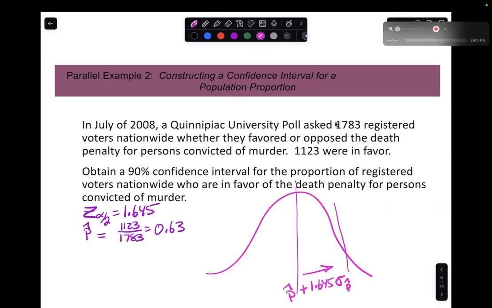Then I'm going to subtract 1.645 times my standard deviation to go this way, and that's going to give me that side. This is what I'm doing to create the interval: adding 1.645 standard deviations to the right, and subtracting 1.645 standard deviations to the left. Okay, let's math it out.